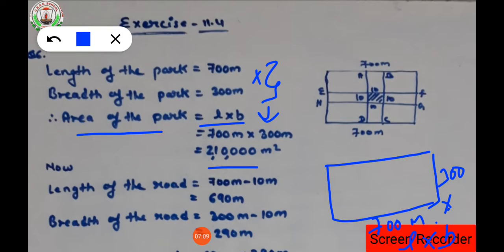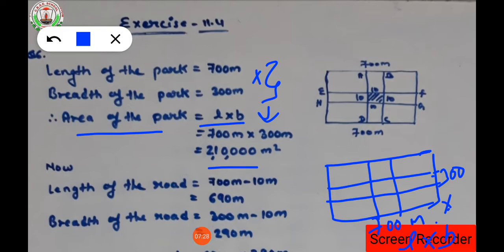Now after that it is said in the question that a crossroad, you can see everywhere in day-to-day life, isn't it? We are having crossroads near the petrol tank, near the schools, near hospitals. So everywhere a crossroad is being made.